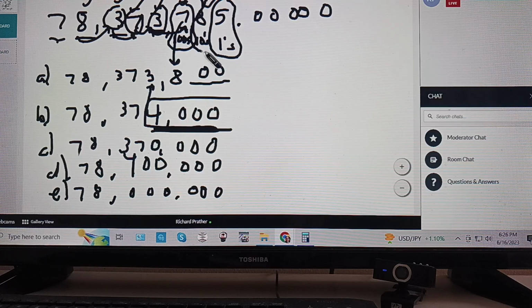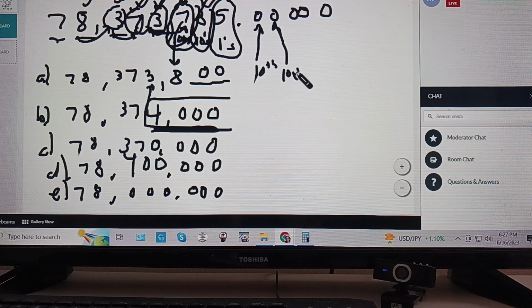This is the tens, then the hundreds, and then you get 1,000, 10,000, 100,000, and so on. The strange thing is that the first decimal place to the right of the decimal is called the tenths, with a TH, tenths. There is no ones. So it goes tenths, hundredths, and then thousandths, and so on.